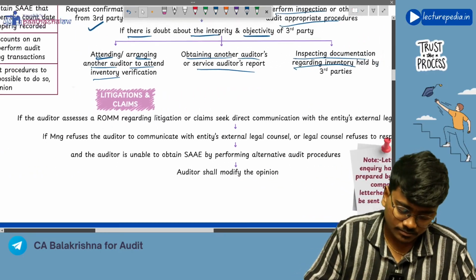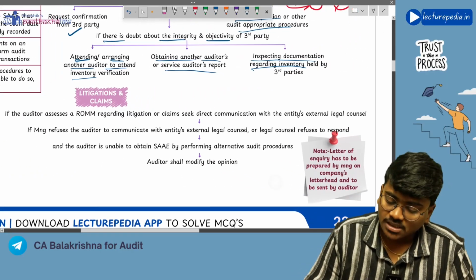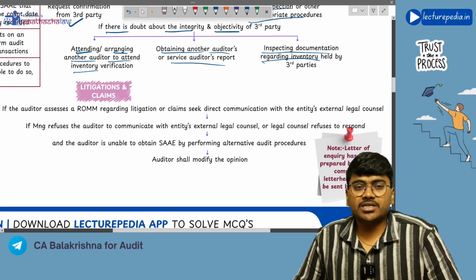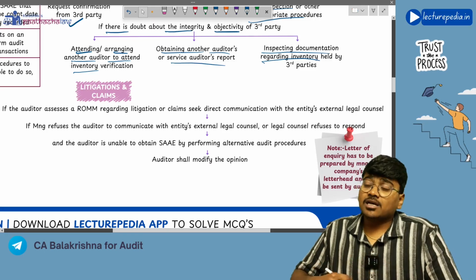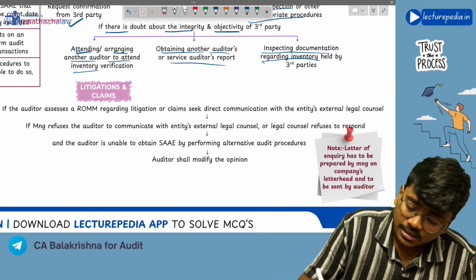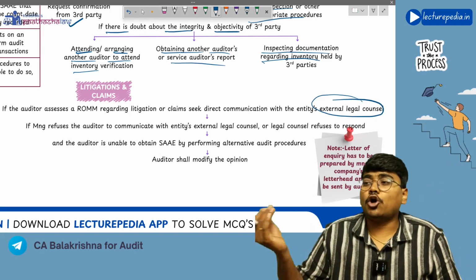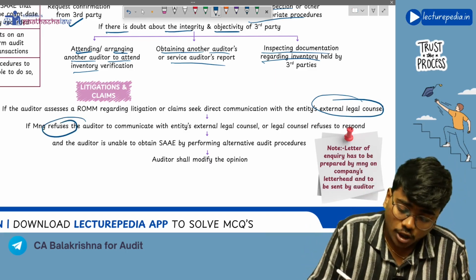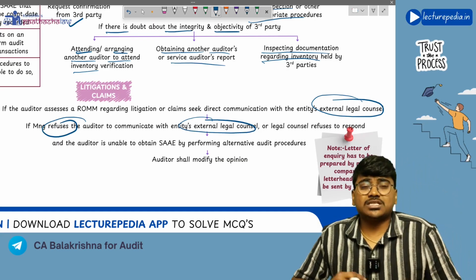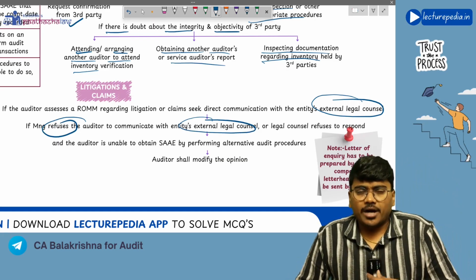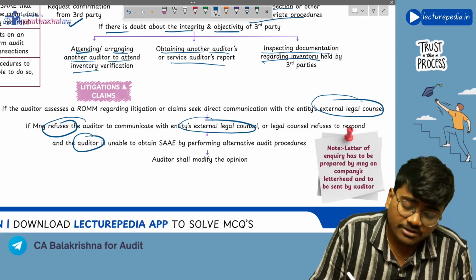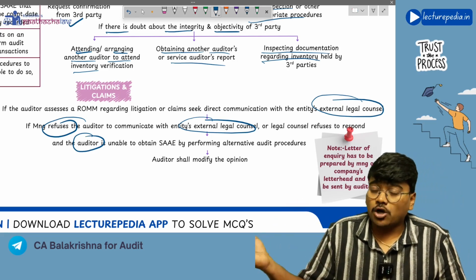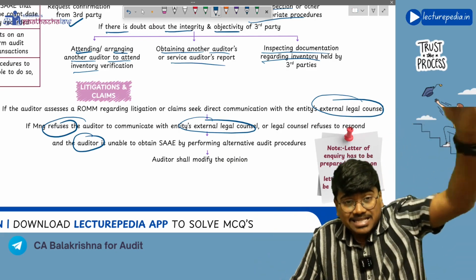Next, in some situations, if you feel that the risk in the area of litigation and claims is very huge, then you can directly consult the external legal counsel, that is, a lawyer of the entity, also. Now, if management refuses, or the external counsel refuses to respond to the auditor, in such a situation, the auditor will try to see whether it is possible to obtain audit evidence by performing other audit procedures.